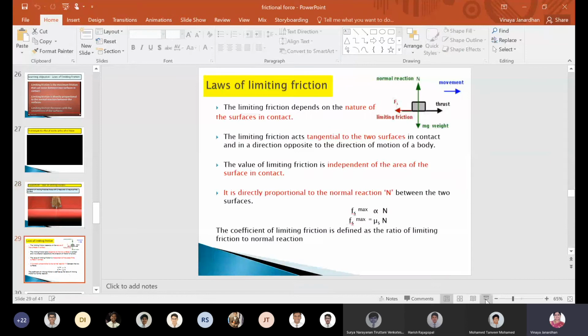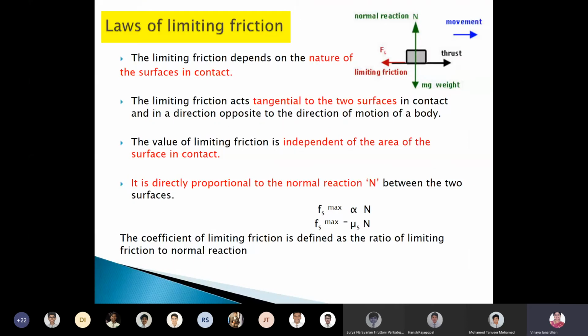So we'll start with the laws of limiting friction. Right, boys. The limiting friction means the frictional force that acts between two surfaces when one body just slides over the other. So that is what it means. The limiting friction depends on the nature of the surfaces in contact.